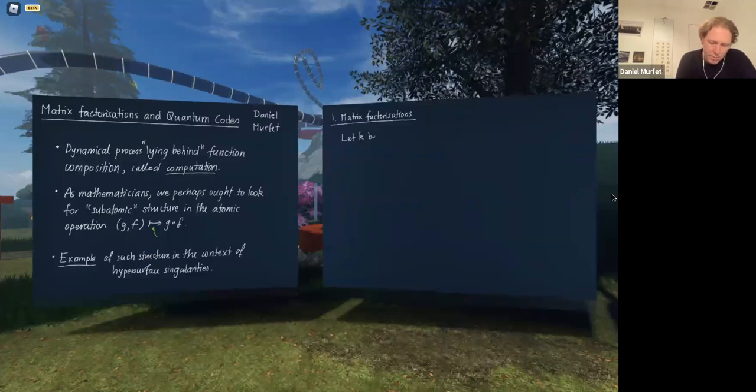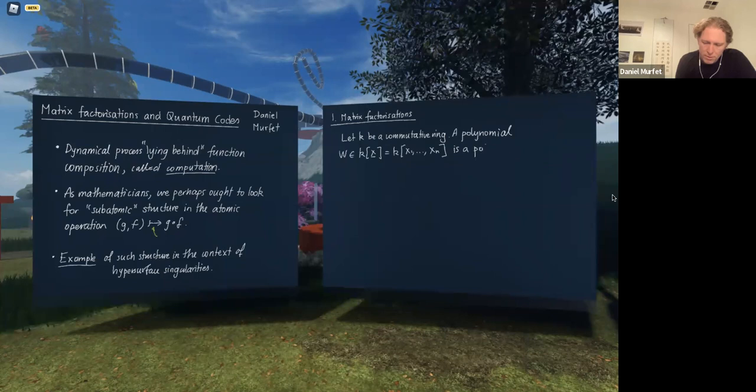So let K be a commutative ring. You could assume it's a field without losing anything here. We single out a special kind of polynomial. So K[x] underlined for me is going to mean some polynomial ring.